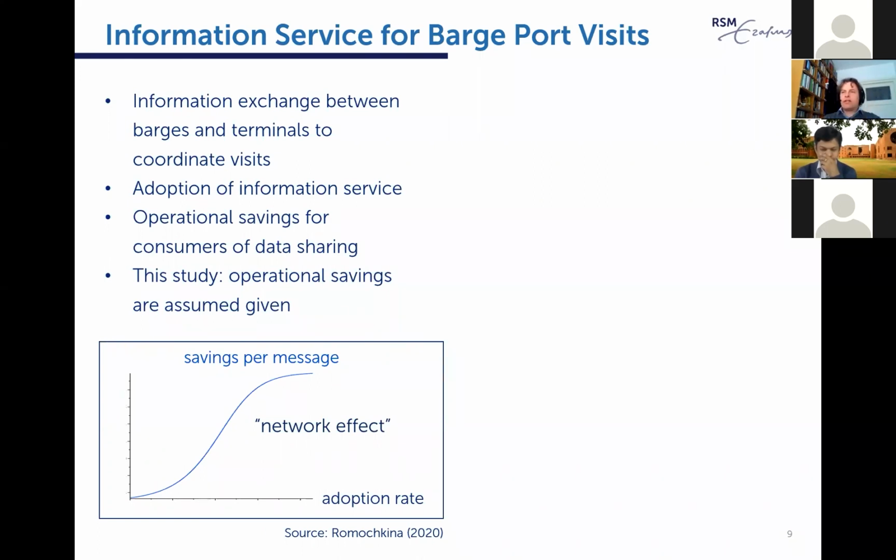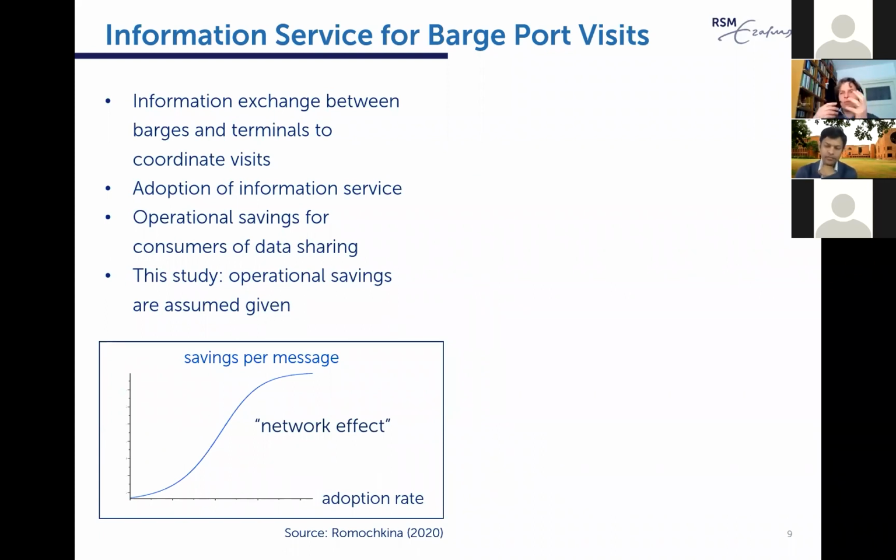Now, we were studying this, and I will try to give a bit of an idea of how we were moving towards a solution direction for this problem. We look at this exact case of information exchange between barges and terminals to coordinate visits. Of course, you need to think about the information systems that accommodate that. The value of these information systems, for the sake of argument, is operational savings.